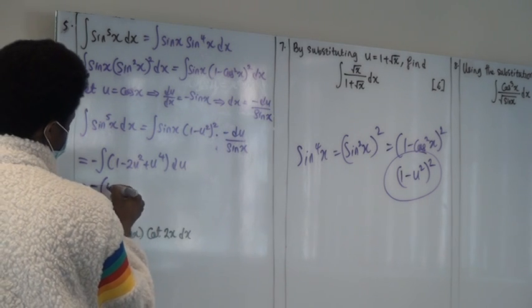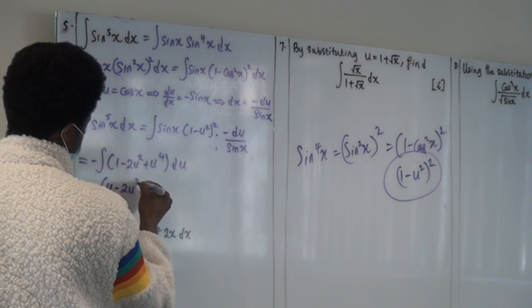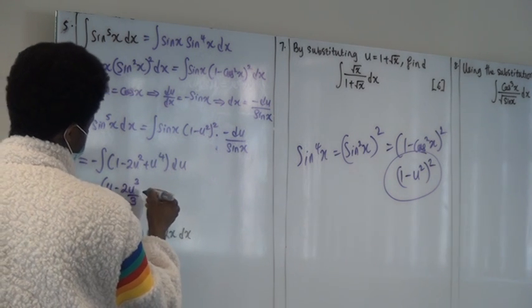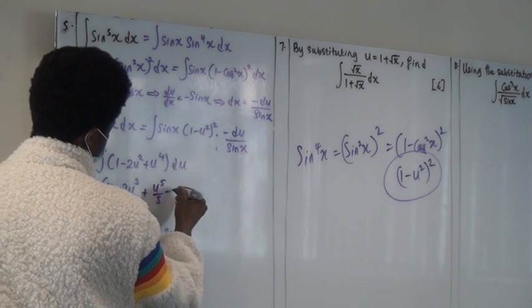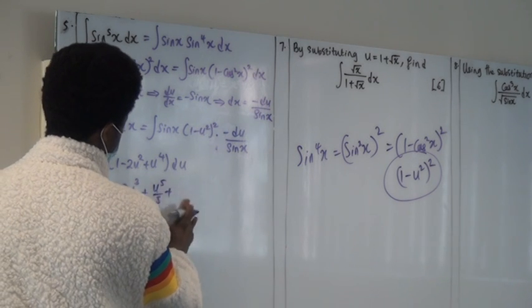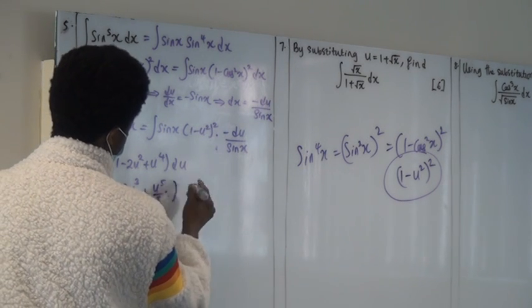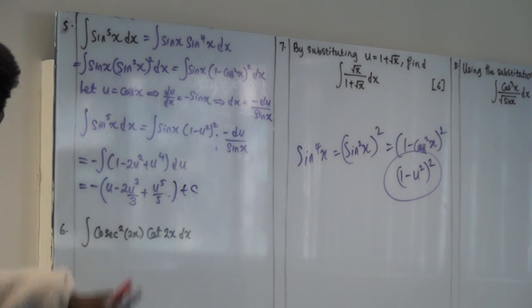u minus 2u cubed over 3, plus u to the power 5 over 5, plus c. But with this minus, you don't have to put the c here. Okay, the c can be outside, because minus c is still c. Then we put it back again, and that's all.